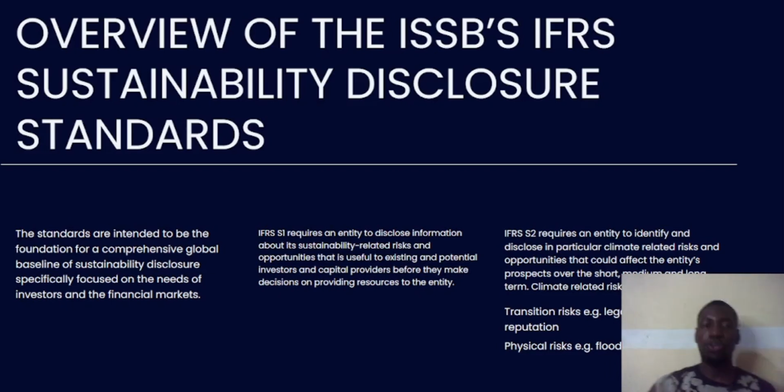That is information about sustainability that is useful to investors in a company or potential investors, so that they can see your sustainability risk before they make decisions on providing money or capital to your business. This sustainability risk covers various topics such as human capital, biodiversity, community support, energy efficiency, climate change, and all that. These are the sustainability risks. They are as broad as possible.